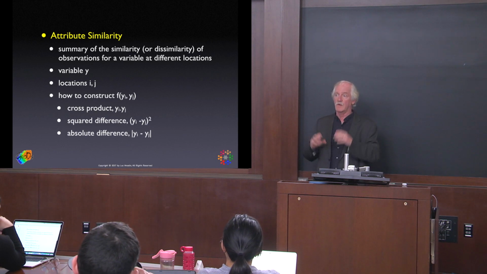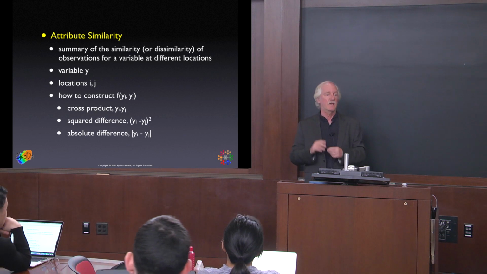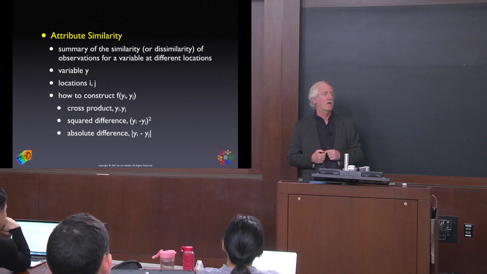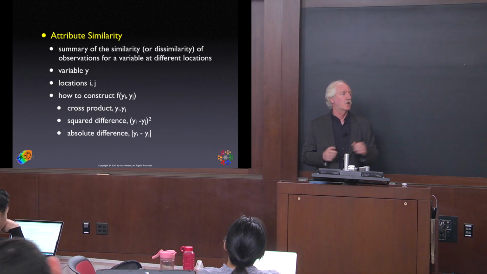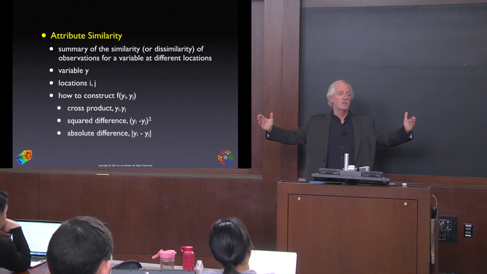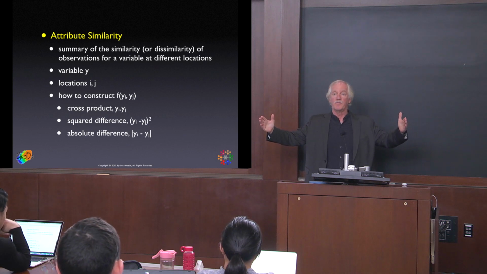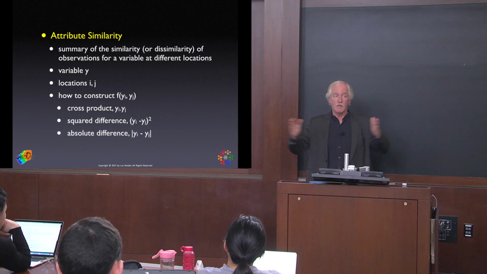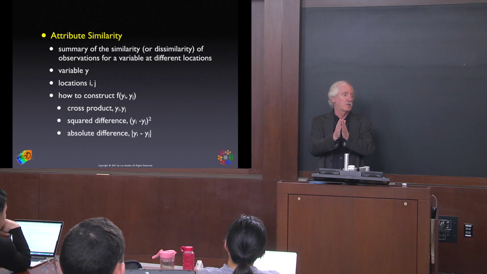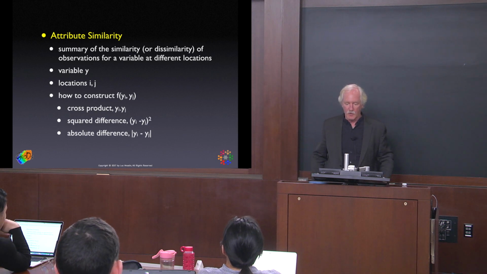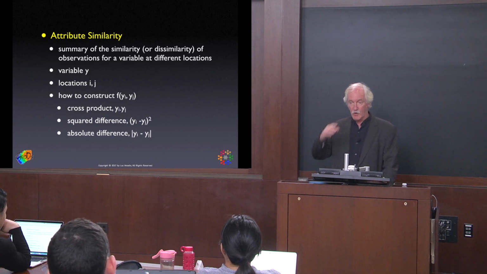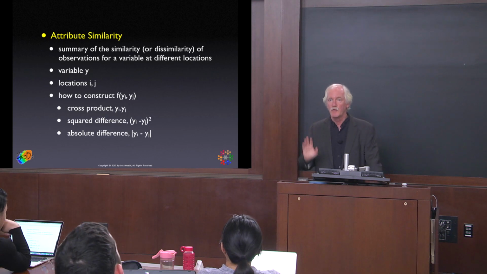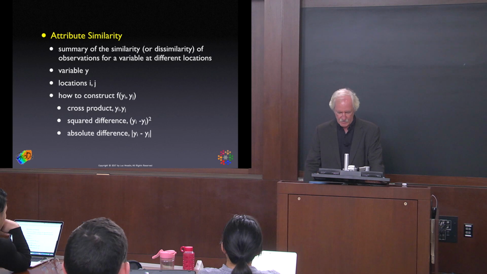You have to really think about that. And then positive values are negative spatial autocorrelation. When the difference is large, high dissimilarity, the square difference will be a big number. When they're very similar, it will be a very small number. So it's the reverse of these cross-product statistics. As long as you know in which direction you're going, you should be fine, right?